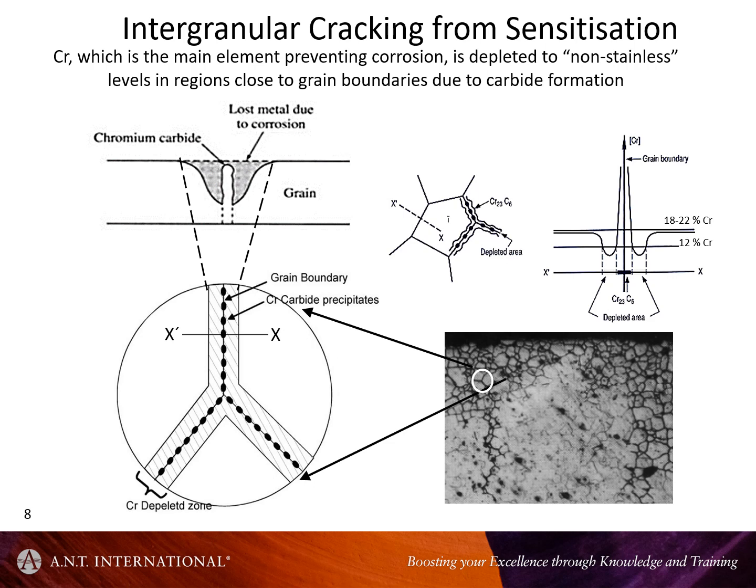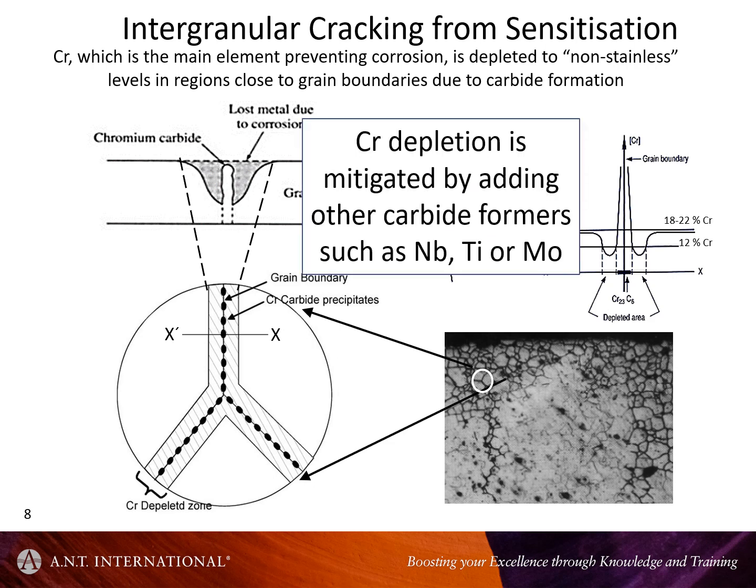So if you have some mechanism which is depleting the chromium at the grain boundary, whether it be carbide precipitation or simply some radiation-enhanced diffusion or induced diffusion, then that would be one way to link the enhancement of stress corrosion cracking with radiation.